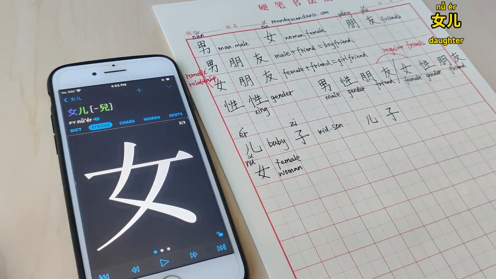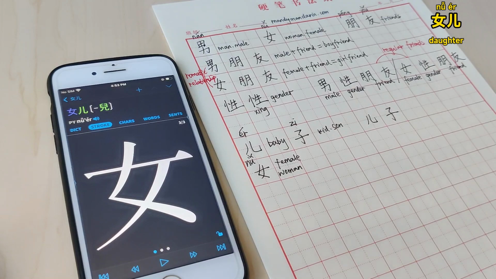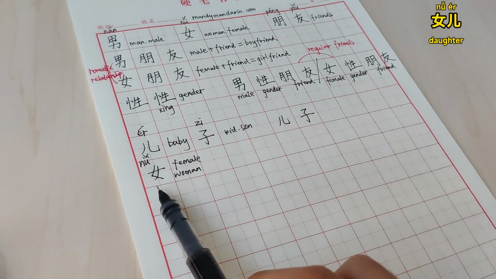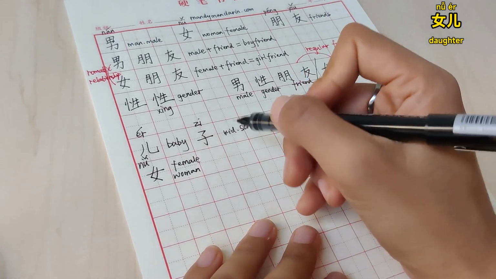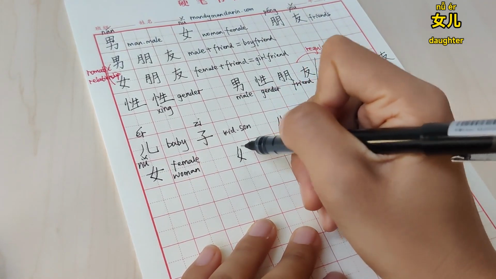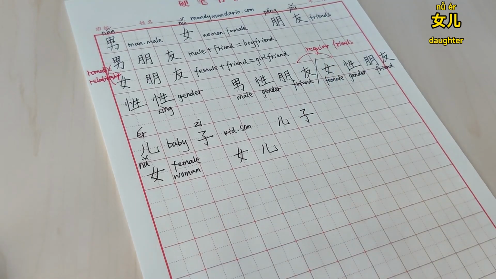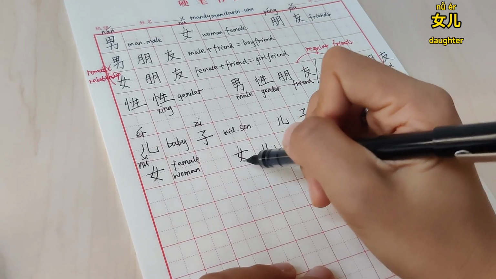It's a very important character, and it also serves as a very important radical, which is the female radical. Okay, so to write the daughter, we just need 女儿. 女儿. Yeah, simple as that.